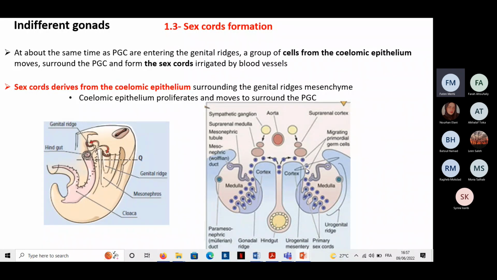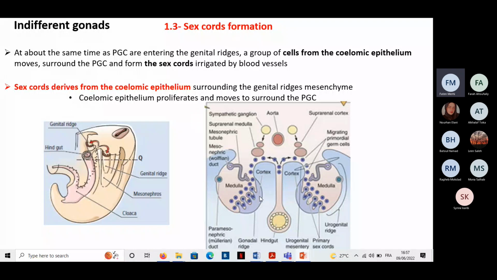At this time, the coelomic epithelium lining the genital ridges will proliferate to form ingrowths inside of the genital ridge. Meaning it proliferates, and those proliferating cells or parts of tissue will enter inside of the genital ridges.